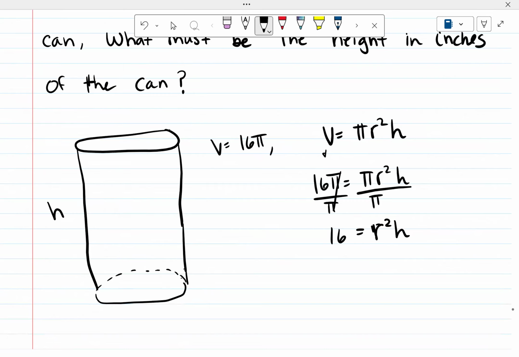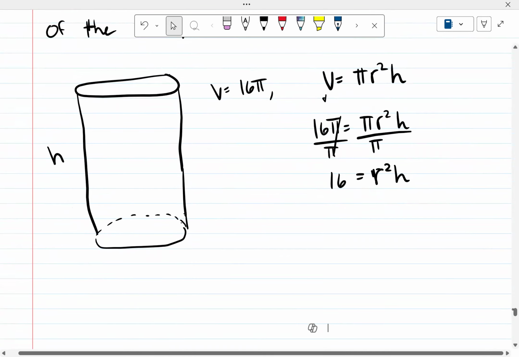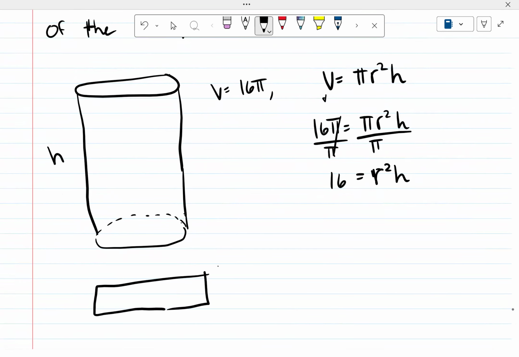And so what we're trying to do is, when you make this can, it's actually just a rectangular piece, right? So you have this rectangular piece, and we know that the circumference is 2 times pi r, and we need to find this height.